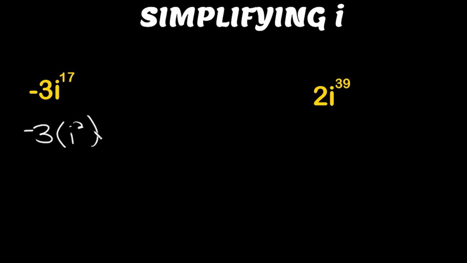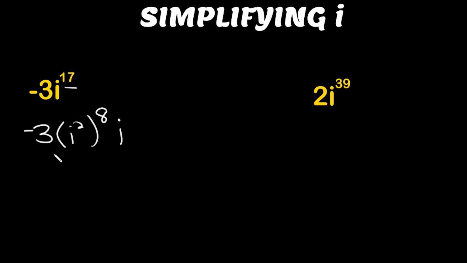I wouldn't want to do 2 times 9 because that's going to give me 18. So I have to get as close as I can, but I have to be under it. In this case, I'm going to put 8 because 2 times 8 is 16. But I need to make 17, so to get around that, you just put another i. There it is. I have everything I need now.